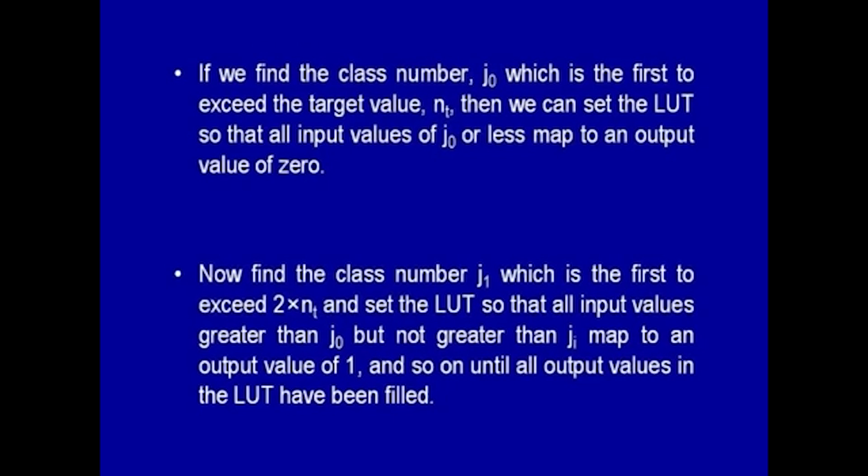Now, we find the class number j1, which is the first to exceed twice NT, and set the LUT so that all input values greater than j0 but not greater than j1 map to an output value of 1, and so on until all output values in the LUT have been filled.